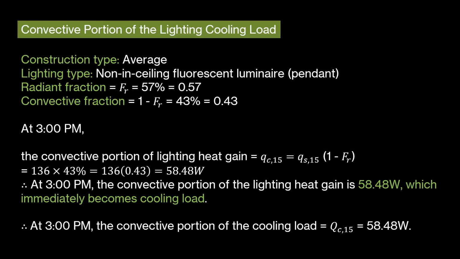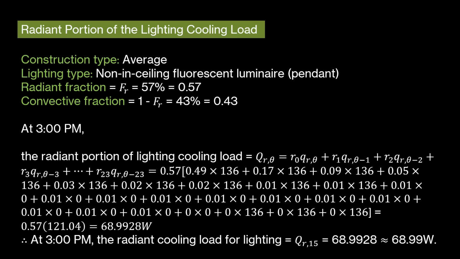So at 3 p.m., the convective portion is 136 times 43%, which is 136 times 0.43, and that will give us 58.48 watts. For the radiant fraction, we will apply the radiant time factors.